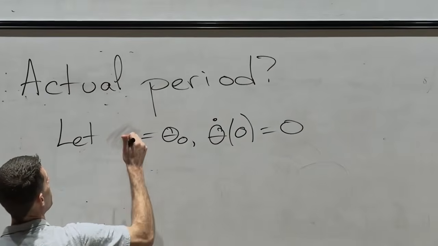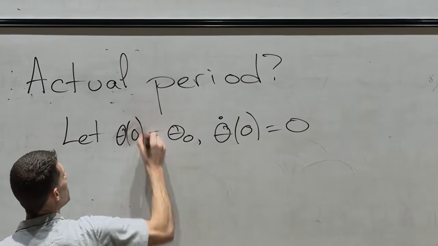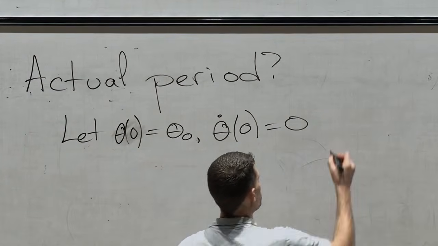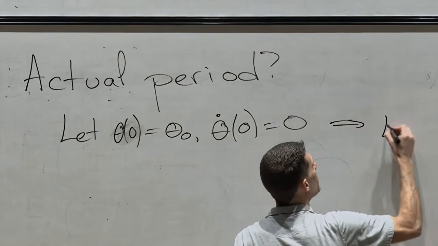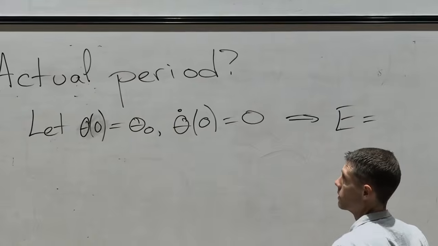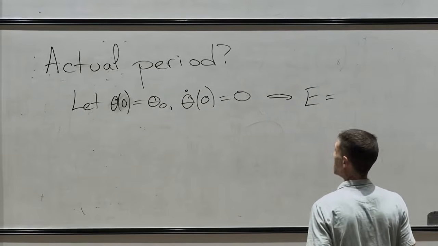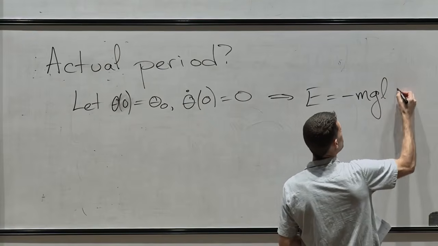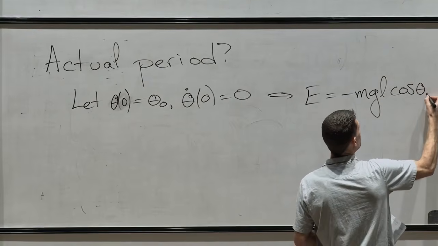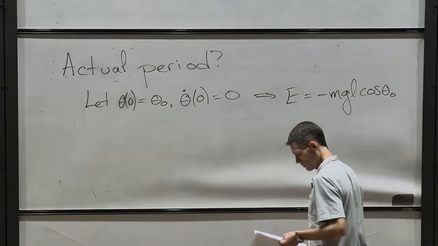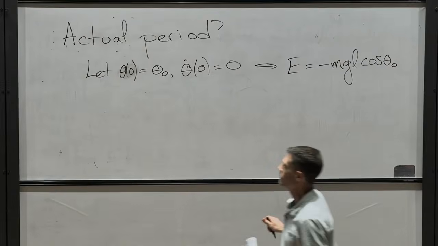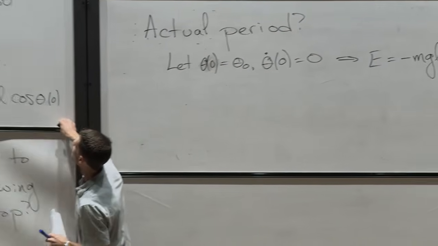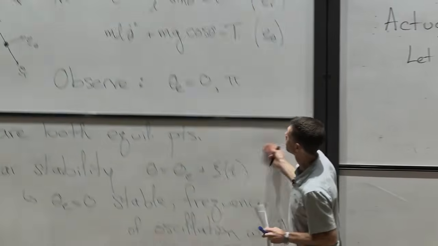Theta of 0 is theta 0, theta dot of 0 is 0. So that means that our total energy in this system is just the minus mgl cosine theta 0, and the key, let's go all the way down.